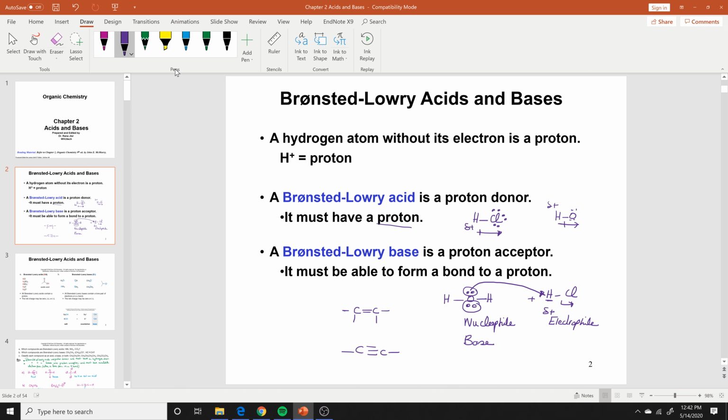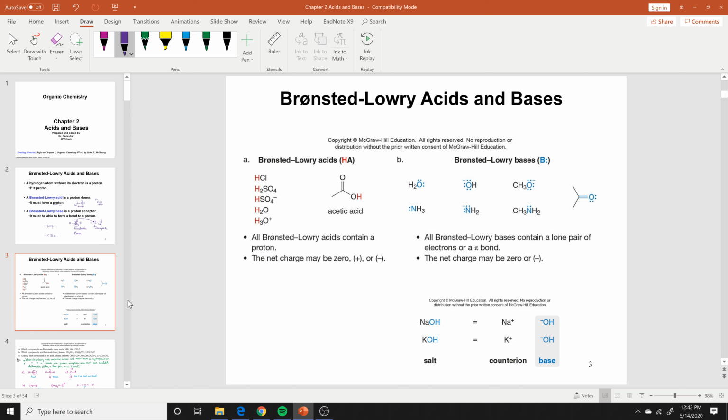It can either have lone pairs or it can have one pi bond or two pi bonds in there. By definition, bases take acidic hydrogens in Bronsted-Lowry acids and bases. Every time you form a bond, you break a bond. This is the rule.